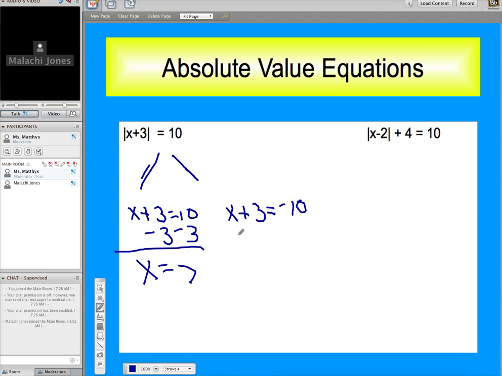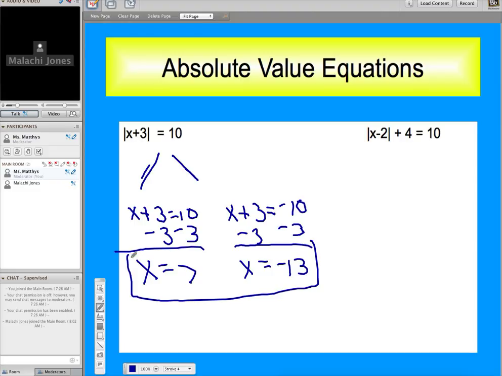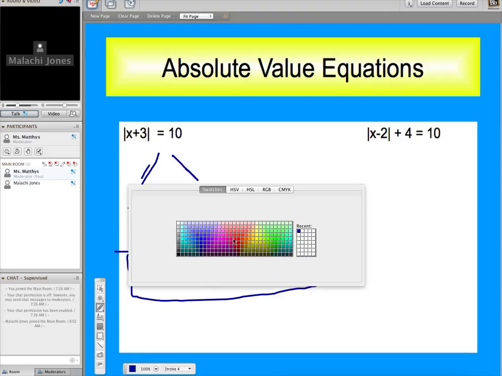You would subtract 3 on both sides, and you would get -13. Very good. And there are my solutions: x equals 7 and x equals -13. Awesome.